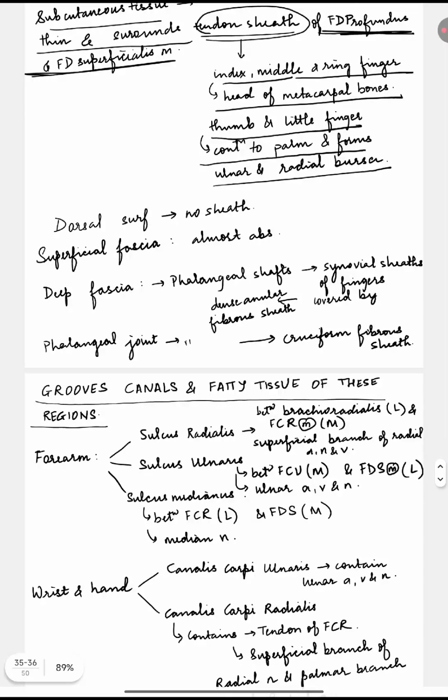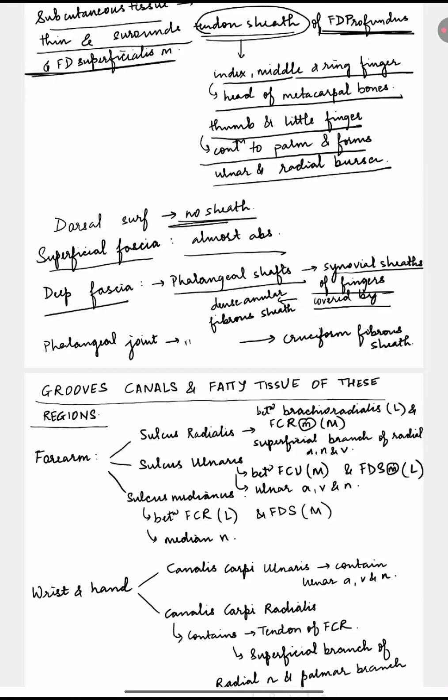On the dorsal surface there is no sheath. Superficial fascia is almost absent. Deep fascia, phalangeal shaft, then synovial sheath of the fingers covered by dense annular fibrous sheath. In the phalangeal joint there is phalangeal shaft and cruciform fibrous sheath.